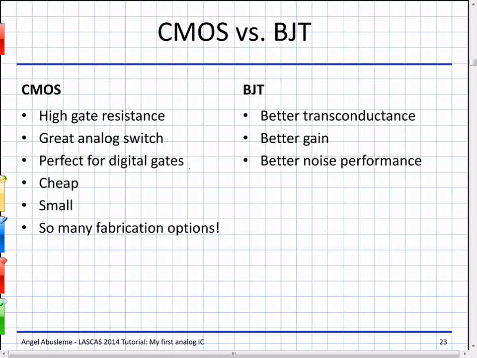CMOS is also perfect for digital gates. It's cheap, it's small, and there's so many fabrication options. BJTs have a much better transconductance per unit of current, have usually better gain and better noise performance. In terms of speed, they're both really fast.